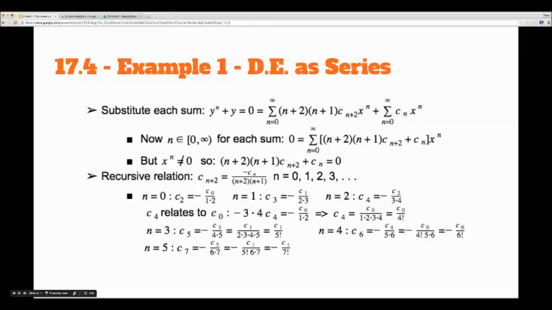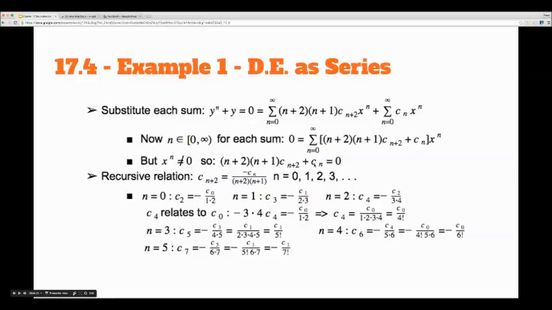And we substitute each sum, and we get this, and we're like, okay, good thing we made both of these 0 to infinity, so now we can combine them into one sum. And we multiply that coefficient. We factor out x to the n, and that coefficient times x to the n will equal 0. But x to the n, we know, cannot equal 0, so our coefficient must equal 0.